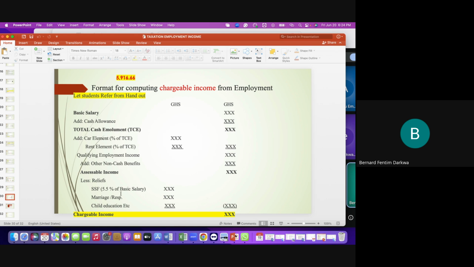We have discussed a number of reliefs available to the taxpayer and how they are applied. Now when you subtract the reliefs from the assessable income, the answer you get is what you call the chargeable income or the taxable income. So always take note: for you to get a chargeable income, on which you are going to calculate tax, you have to get the assessable income before you subtract the reliefs from it. Prince, is that okay? I hope you are with me.